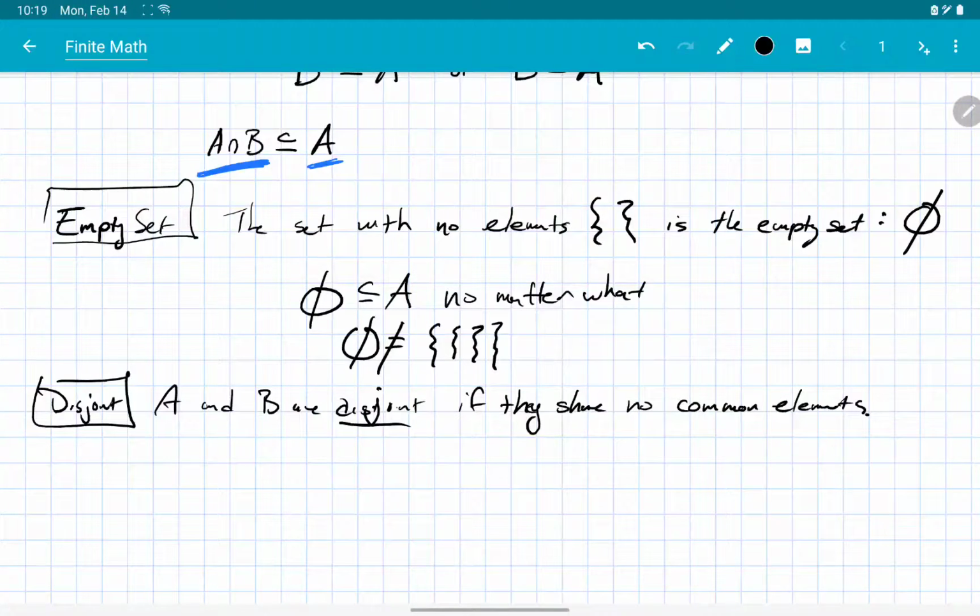And disjoint means share no common elements. And so in particular, it's the same thing as A intersect B is equal to the empty set. Okay, so we could say two sets are disjoint if their intersection is empty. They share no common elements.